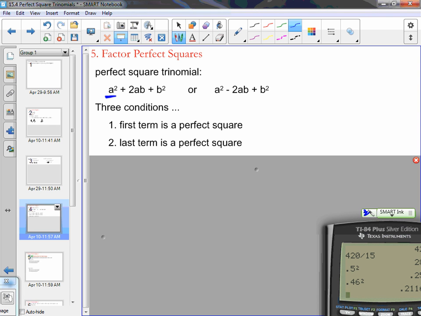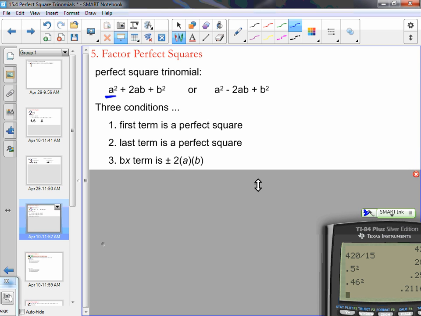And then the third condition. Checking the first two conditions is fairly simple, but the third condition is that the middle term has to be either plus 2ab or minus 2ab.